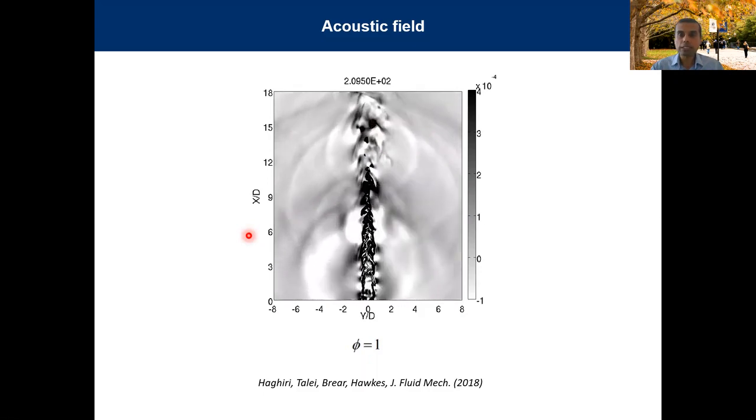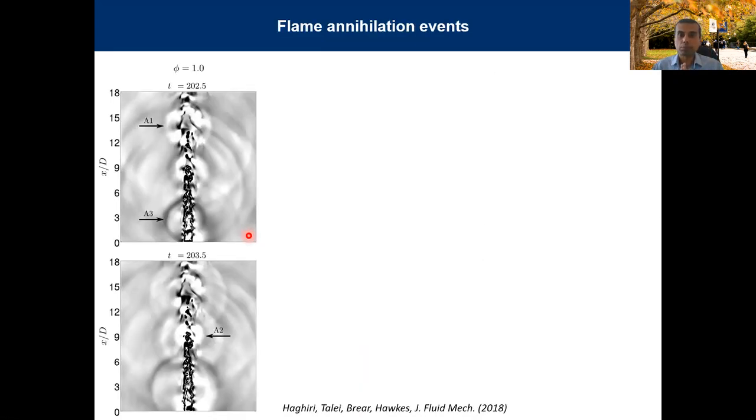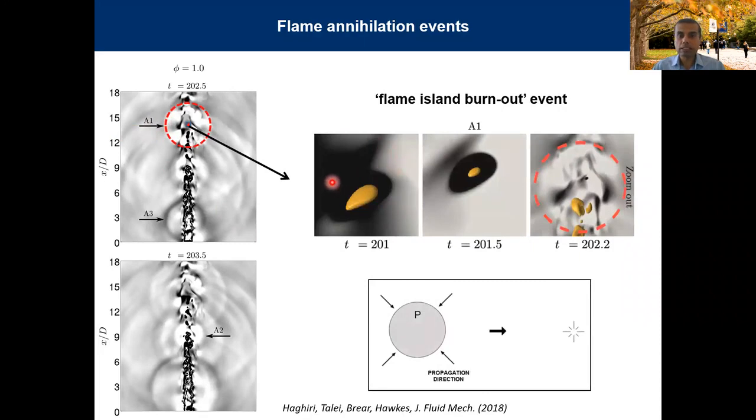So the first step was to visualize this a bit more. Here I'm showing 3 examples of different events that can produce sound. The first one, I call event A1. What I'm showing here is the dilatation field, zoomed in on this A1 event. We looked at the pressure wave and traced it back to get to the noise source.